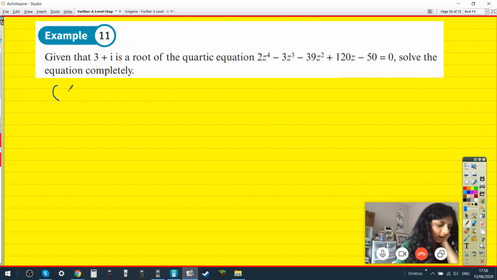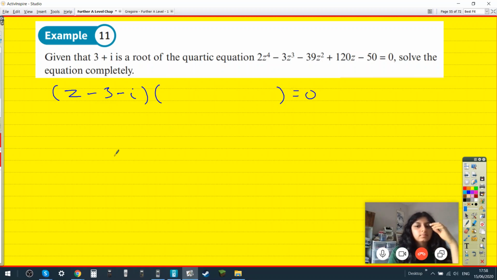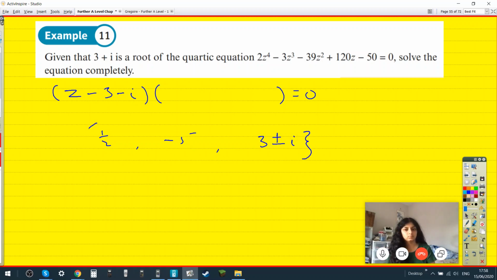It's giving half, minus 5, 3 plus i, 3 minus i. So half, minus 5, what was it? 3 plus i and 3 minus i. And whatever this is, z. So yeah, you could make one of the brackets z minus 3 minus i, and then go from there.